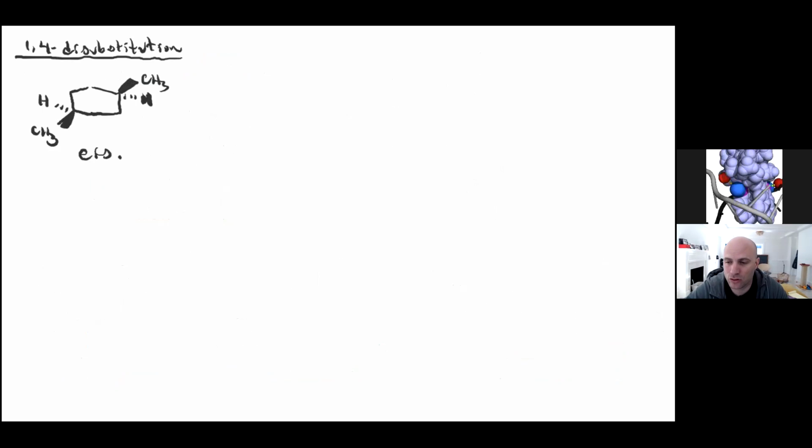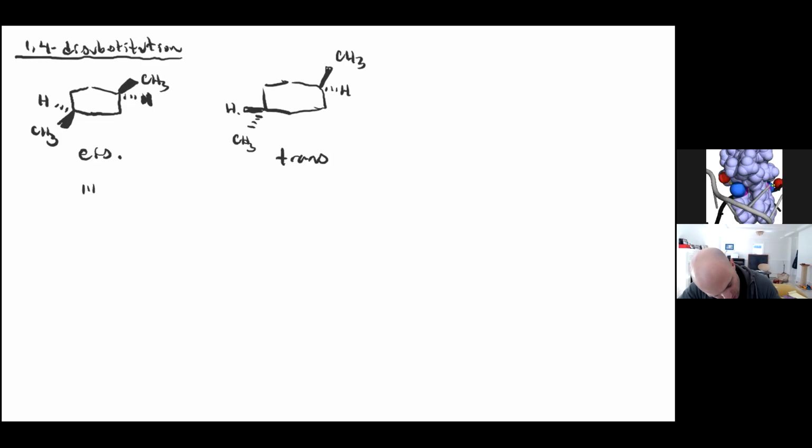The one where the methyl groups are on the same side of the ring, and then the one where the methyl groups are on opposite sides of the ring. Okay, and so this is the trans, the other one is the cis, all right? I'm going to redraw both of these in their chair conformations.